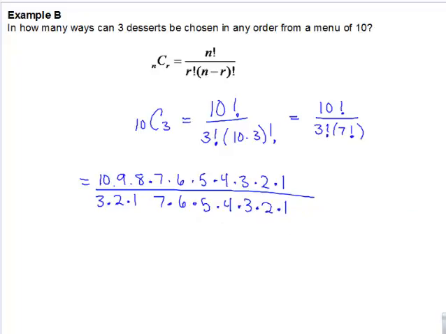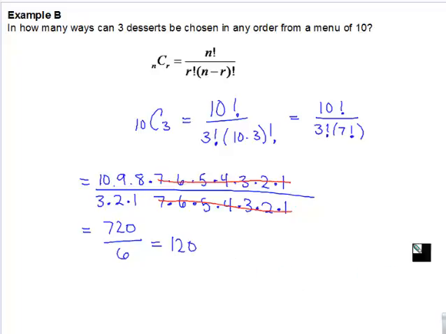The 7 stuff is all going to cancel out. So I have 10 times 9 times 8, which is 90 times 8, which is 720, I believe. Let me just double check myself. Yep, 720 over 6, which is 120. So there's 120 different ways to choose dessert off of this menu of 10. You get to pick 3.